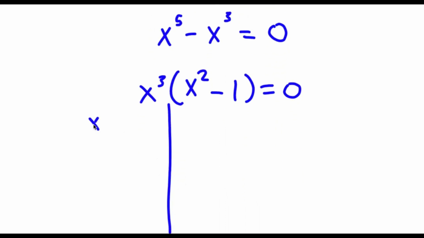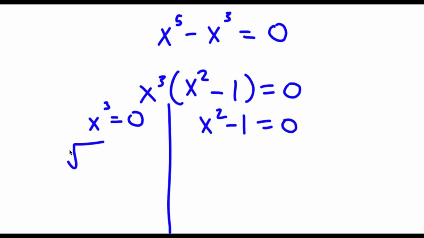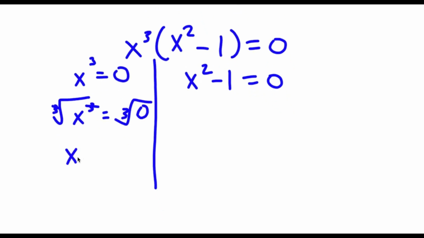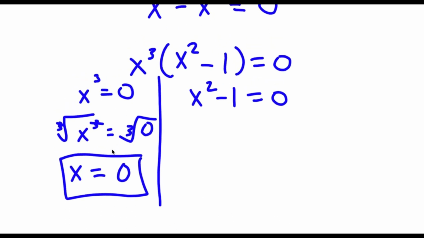I have x to the power of 3 is equal to 0, and I have x squared minus 1 is equal to 0. So for x to the power of 3 equals 0, I'm going to take the cube root on both sides. The cube root of x to the power of 3 is simply x, and the cube root of 0 is 0. So x equals 0 is one solution.